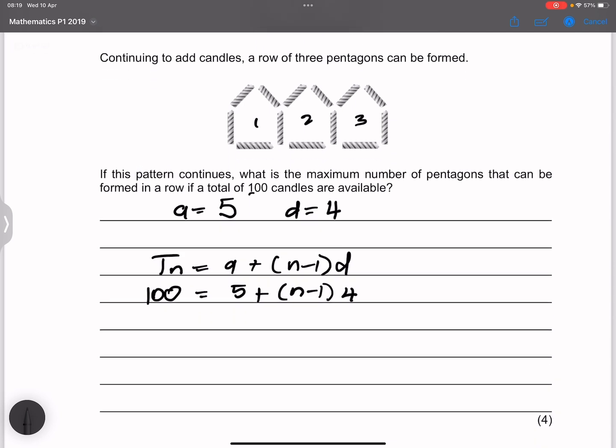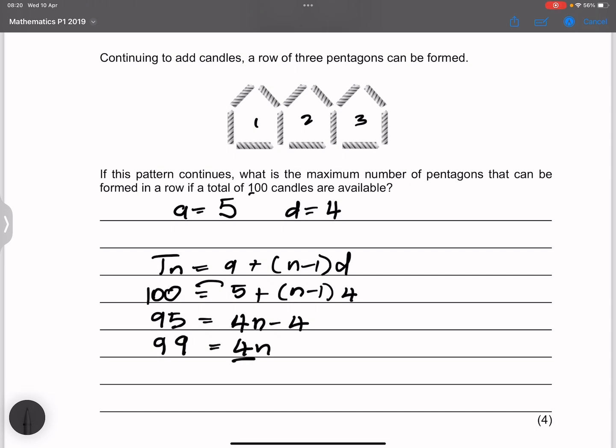So that's going to be 95 if we say 4n minus 4. If we take that 4 to the other side, that becomes 99, and is equal to 4n.